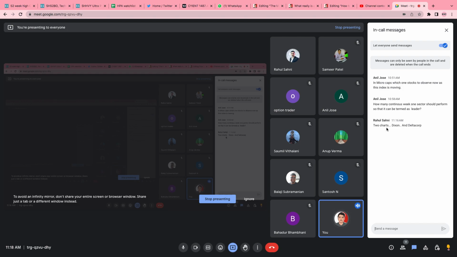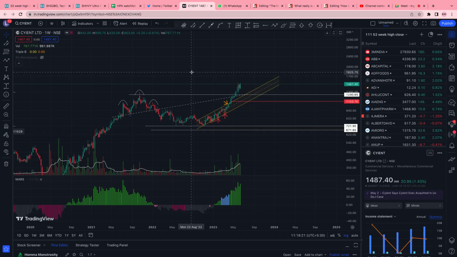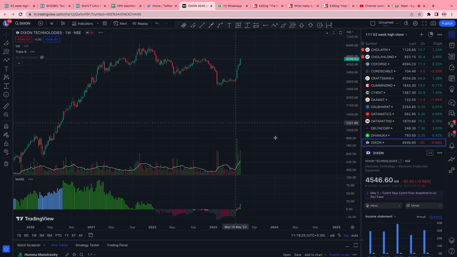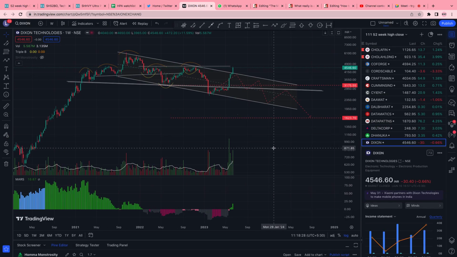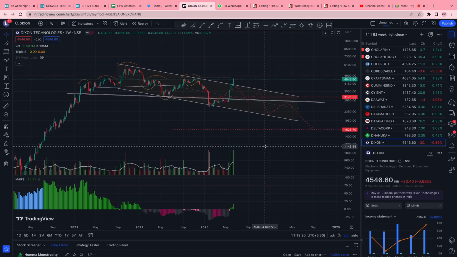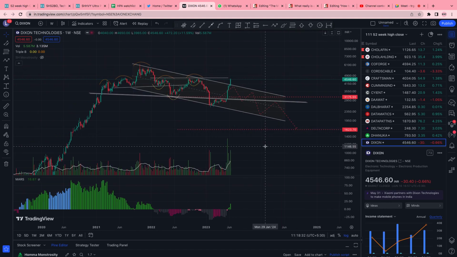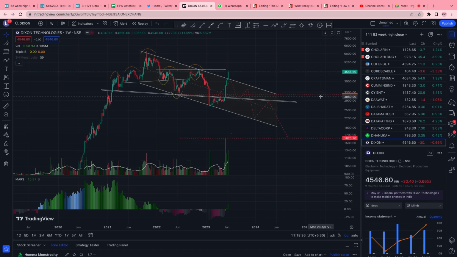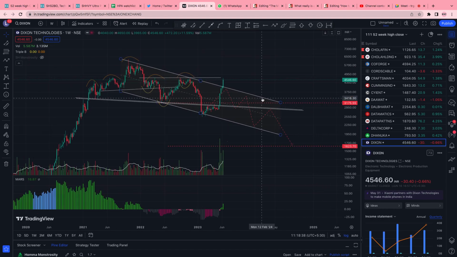Rahul says two charts, Dixon and Delta Core. Let's look at them. Dixon Technologies is showing a COC. It's called change of character, right? So what's happening here is definitely not a leader. Okay, that much is clear, because it's still far away from the ATH.